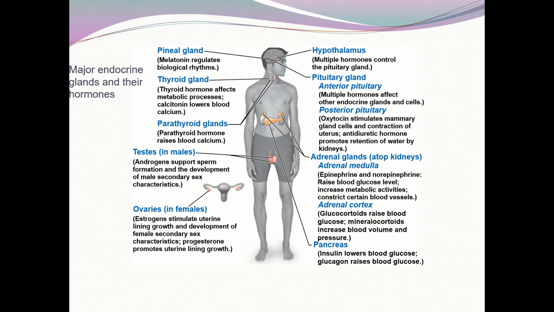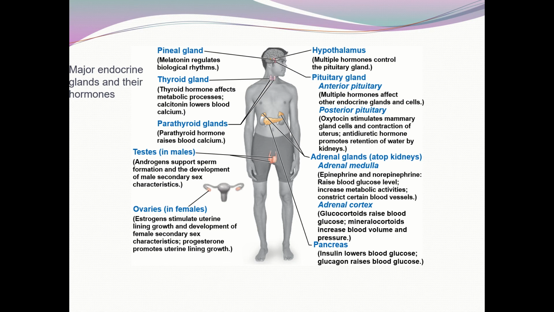Let's take a look at the major endocrine glands and their hormones. The pineal gland secretes melatonin, which regulates biological rhythms. The hypothalamus produces multiple hormones that control the pituitary gland. The pituitary gland is composed of the anterior pituitary and posterior pituitary.